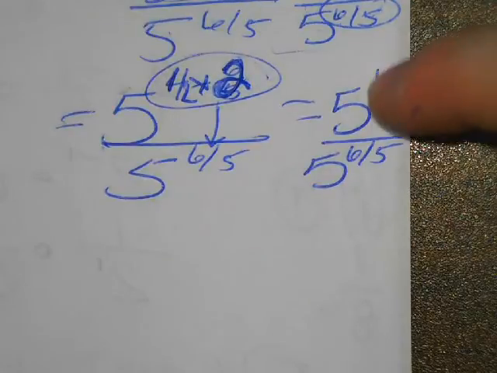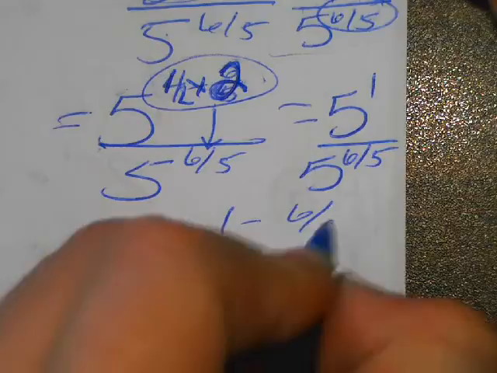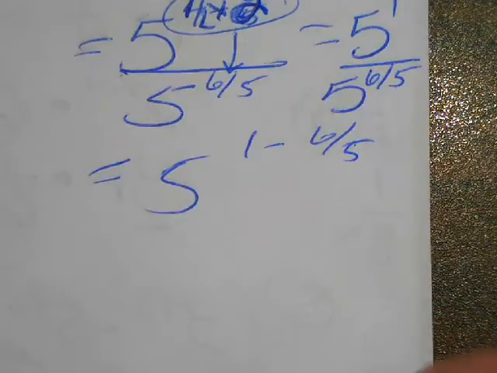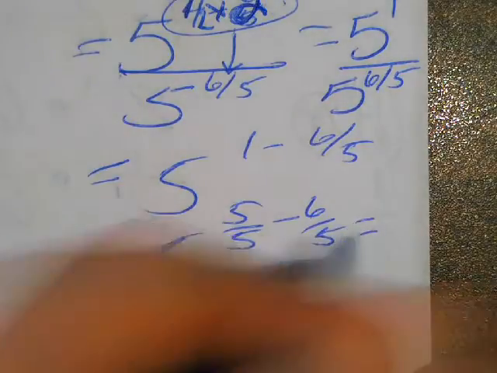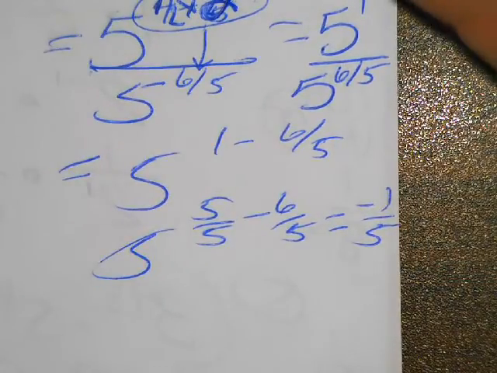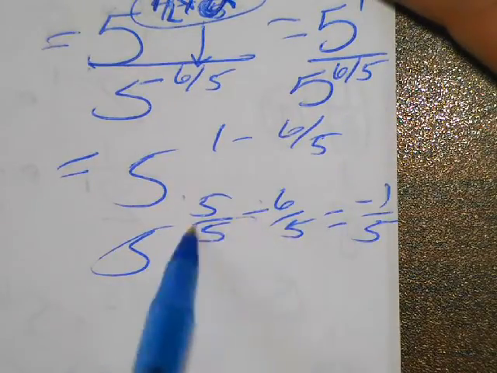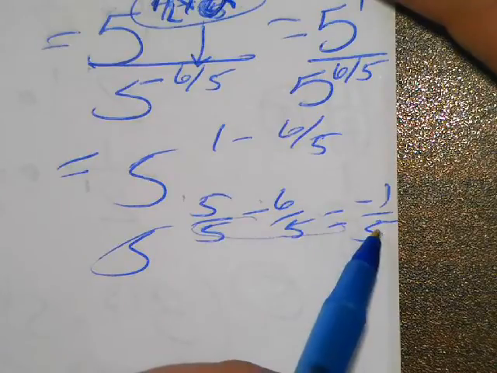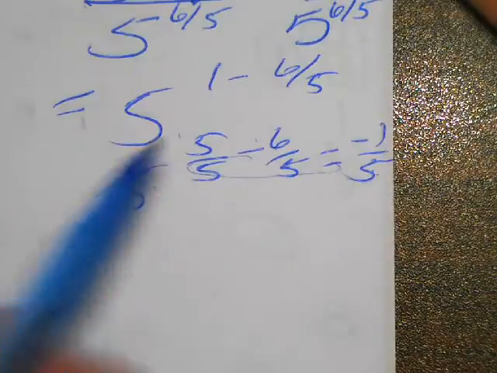All right, we can subtract our exponents. This is going to be 5 to the 1 minus 6/5 power, which is going to be 5 to the 5/5 minus 6/5, which is negative 1/5. So 5 minus 6 is negative 1, and I'm going to keep my common denominator here. So I have 5 raised to the negative 1/5 power.